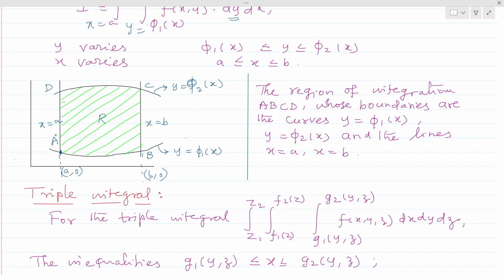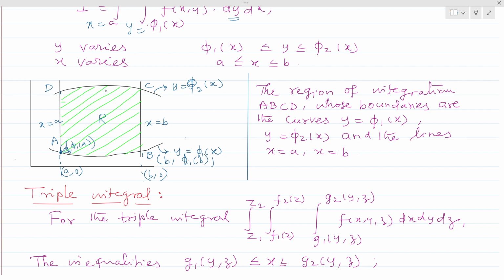So we can write the intersection points. How can we write the intersection points? What are the points of intersection? A is, first you have to write the x value, so a comma pi 1 of a. What is the point b? First you have to write the x value, so b comma pi 1 of b.